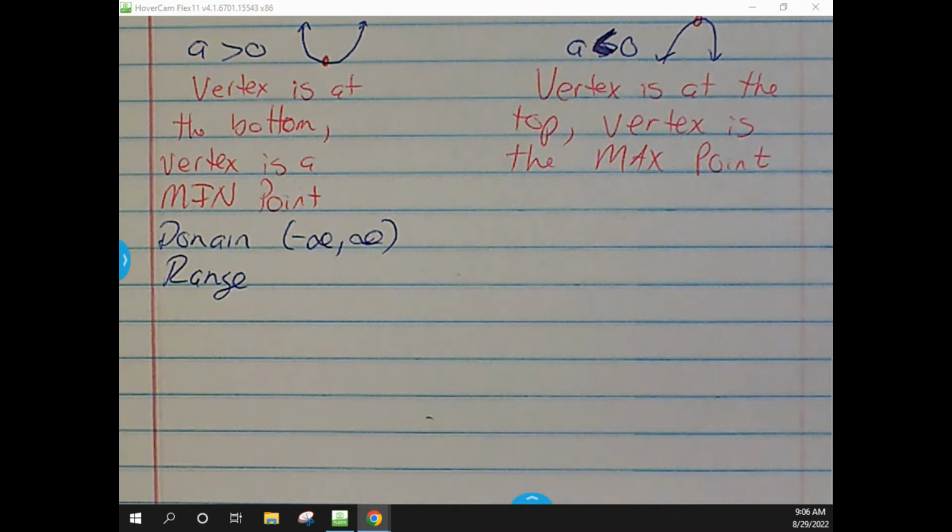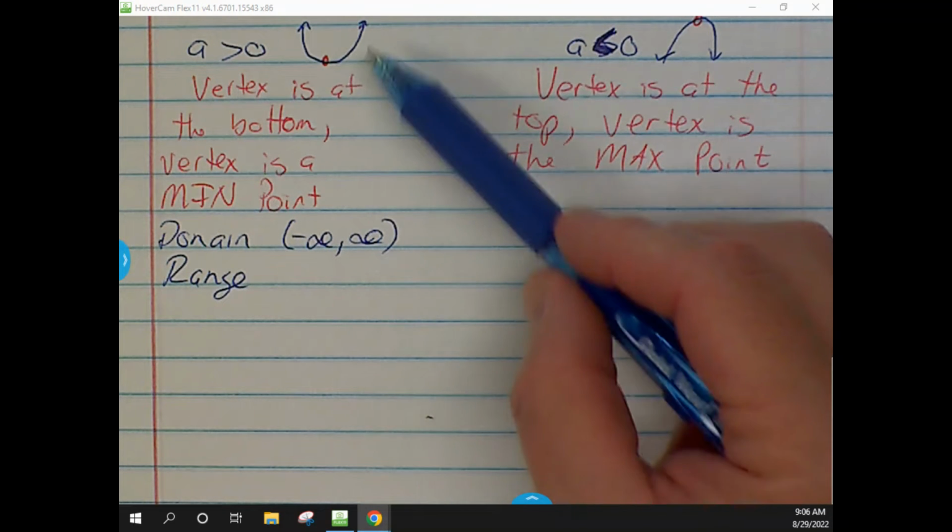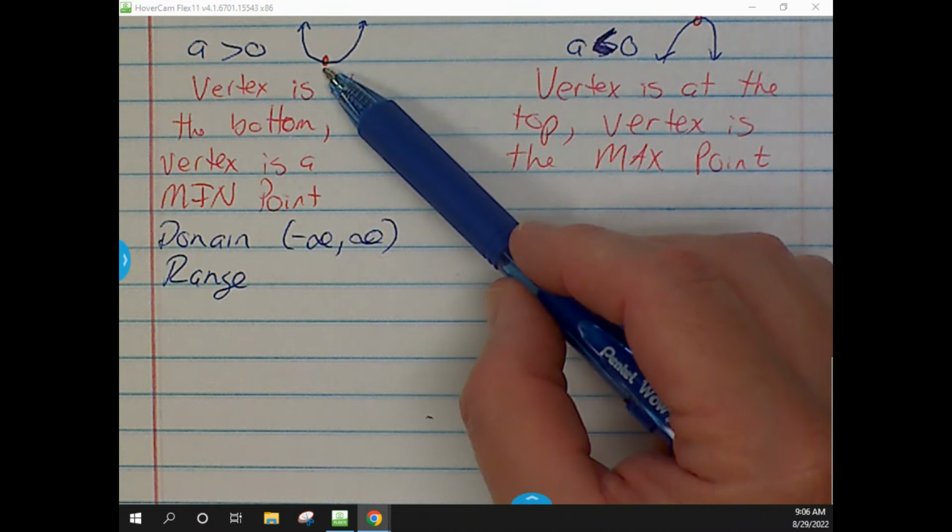Okay, for the range. Thank you. The range, and again, this is our x value, so we can go side to side forever. If you're doing the range in this case, we can go up forever, but we're going to stop here, at this bottom point.